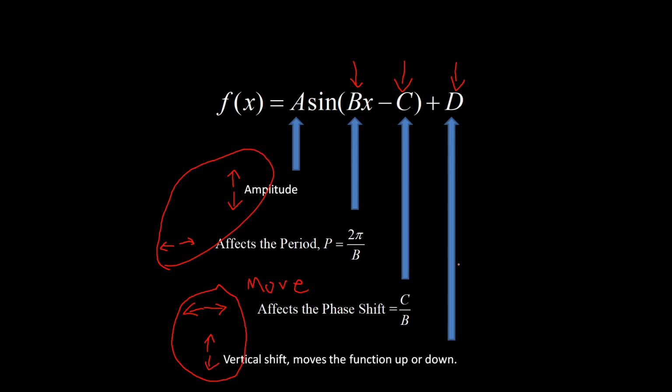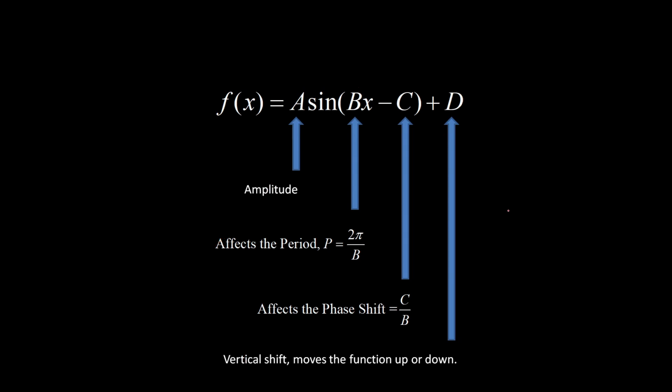And these are the 4 things you're going to want to remember for this section. A stretches in the vertical, B stretches in the horizontal, C moves the function in the horizontal, and D moves the function in the vertical. And that is the summary.